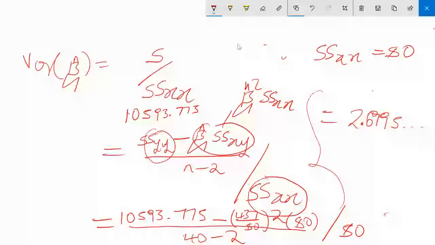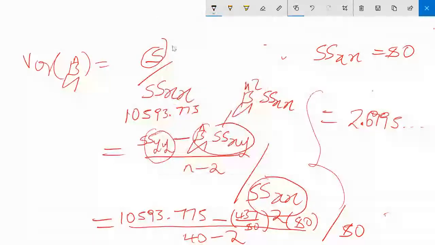Sir, the network cut me out, so I didn't know what we were calculating here. We're calculating the variance of beta 1 hat. The first thing to do is to find the value of S using this formula.